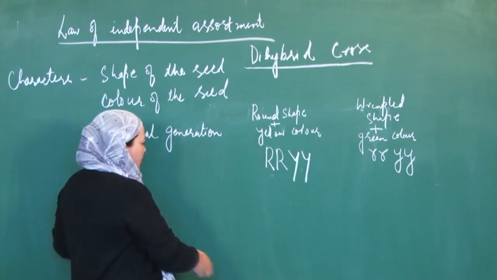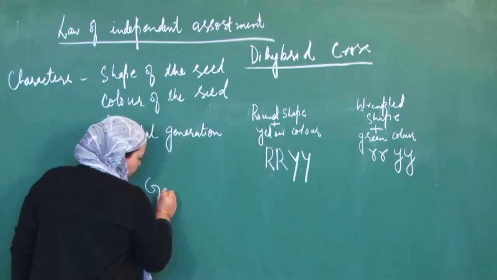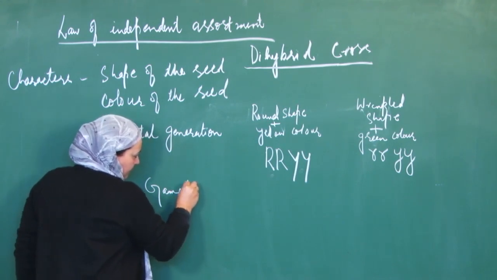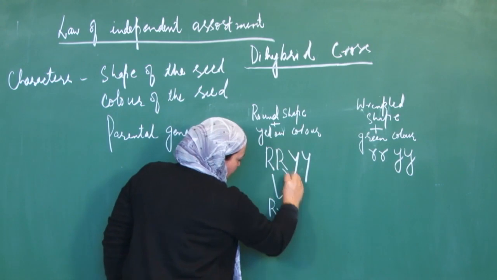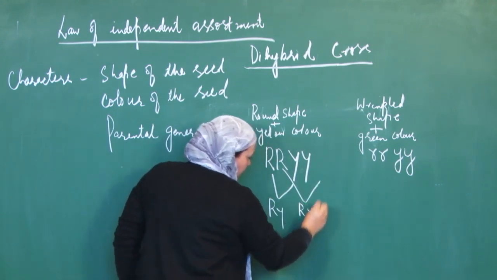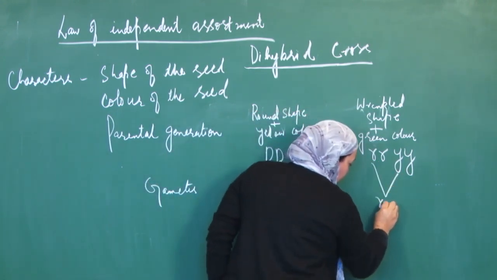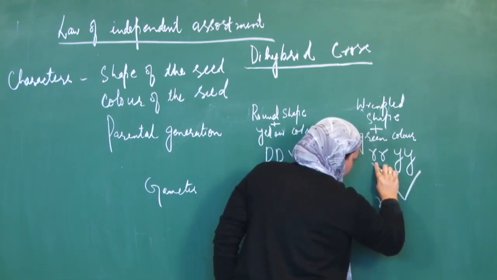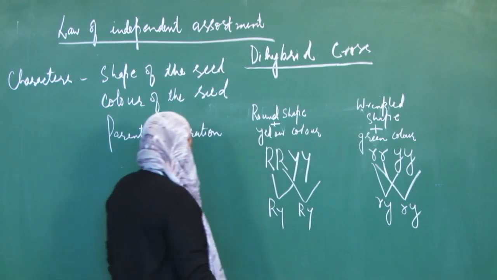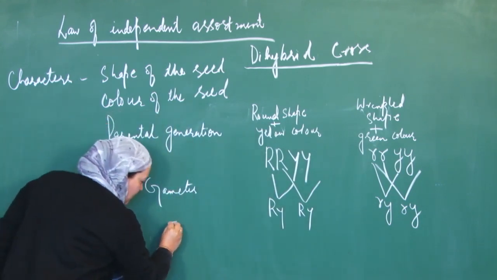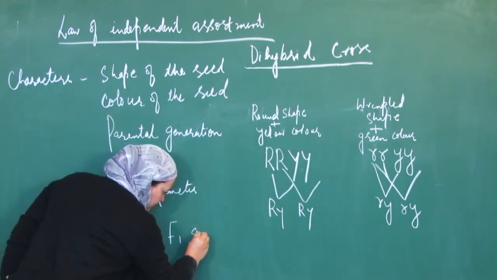So the gametes were round yellow and wrinkled green. These were the gametes. So what was the F1 generation?